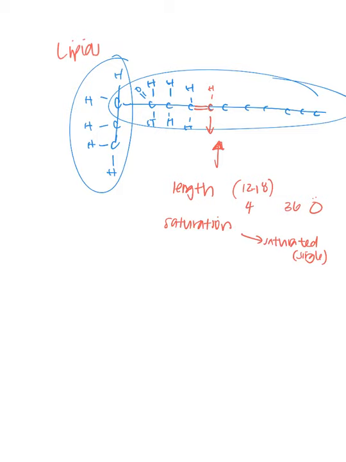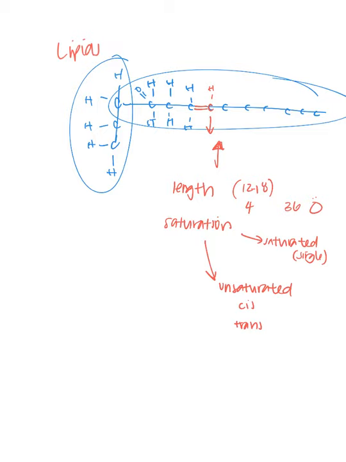All right, and because of this double bond, it's actually going to change the configuration of the fatty acid. So if it's unsaturated, we have cis or trans saturation. In the cis configuration, the two hydrogens associated with the bond are going to be on the same side.